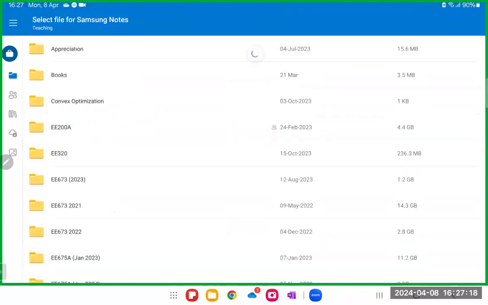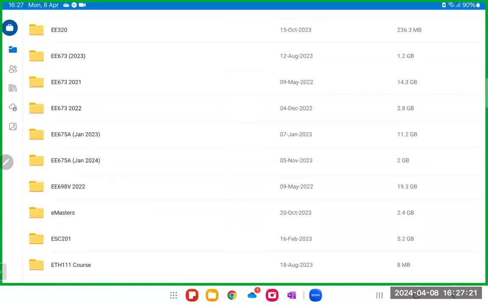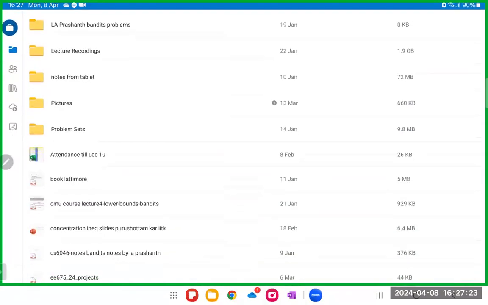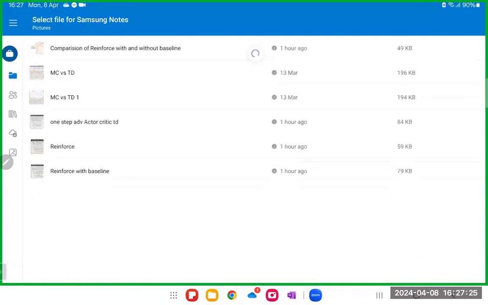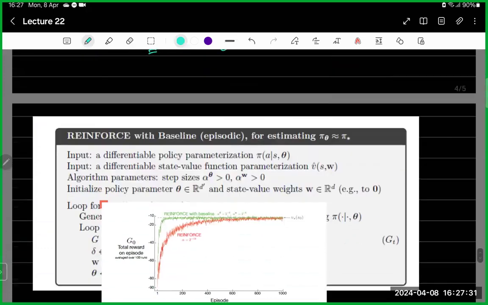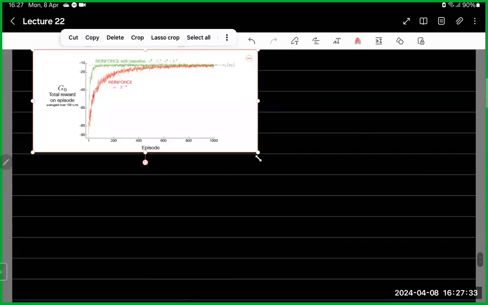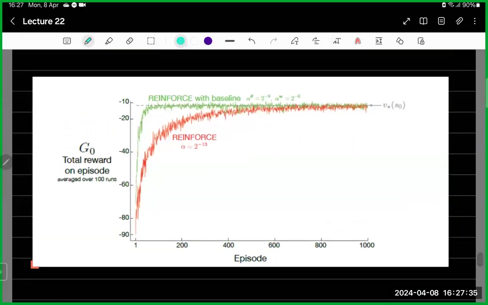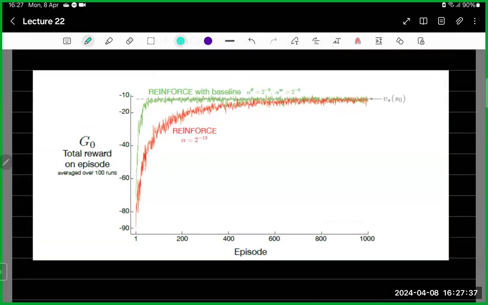What is the performance difference? This is not cart pole, but some grid kind of environment.